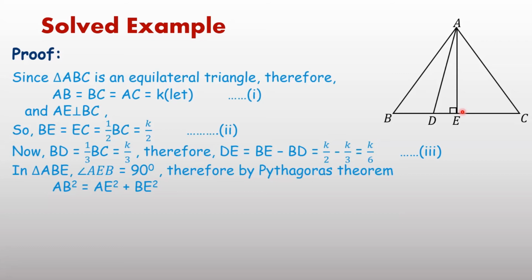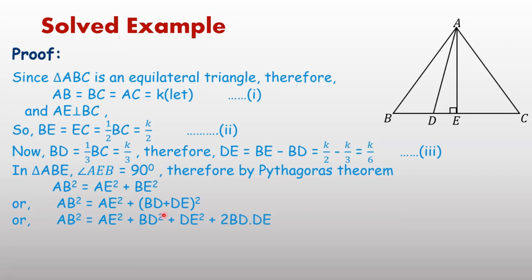BE we can write as BD plus DE, whole square. Open the bracket, apply the (a plus b) whole square formula: a plus b whole square equals a square plus b square plus 2ab. So BD square plus DE square plus 2 BD into DE.